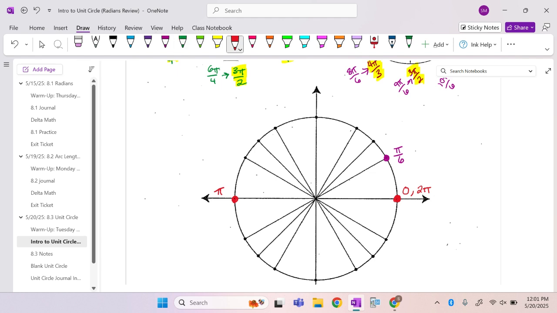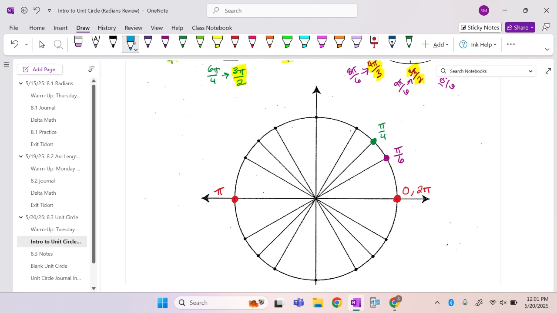Now, what's the next biggest? 4th, third, or half? A fourth is the next smallest. So what's 1/4 away from 0 in terms of pi? Pi over 4. What's smaller, third or a half?